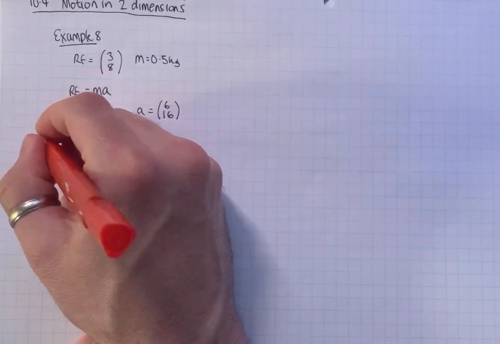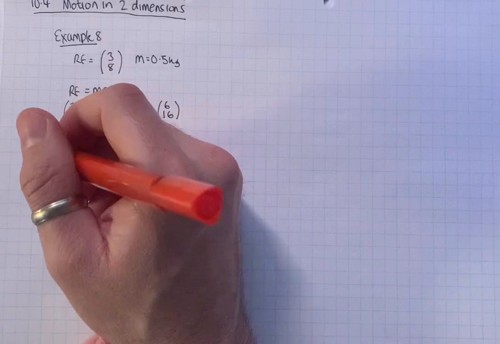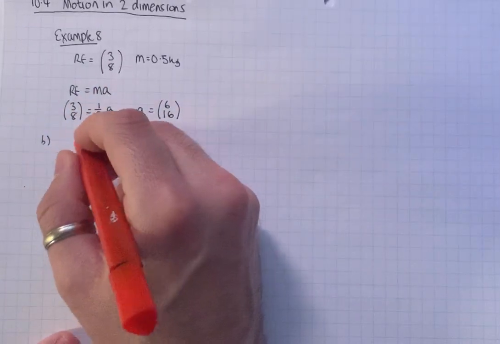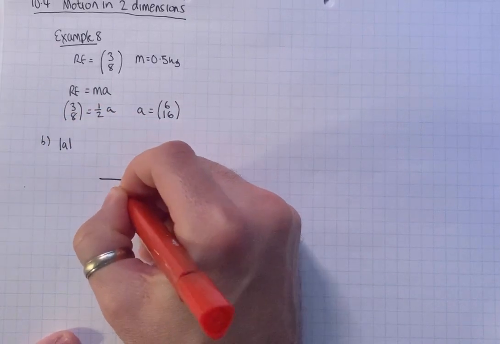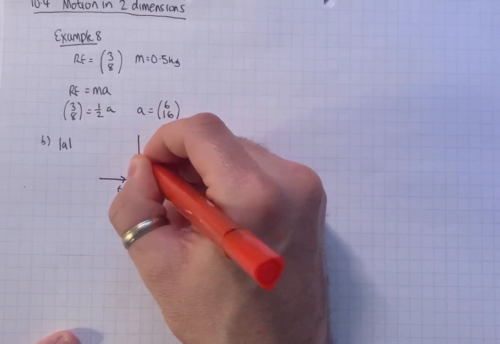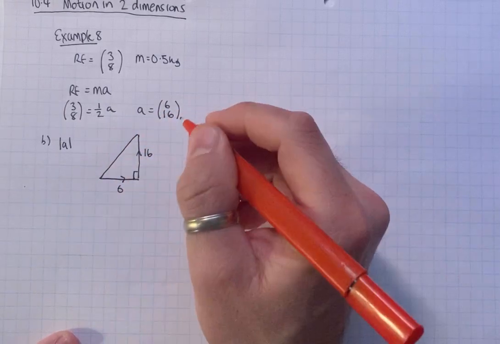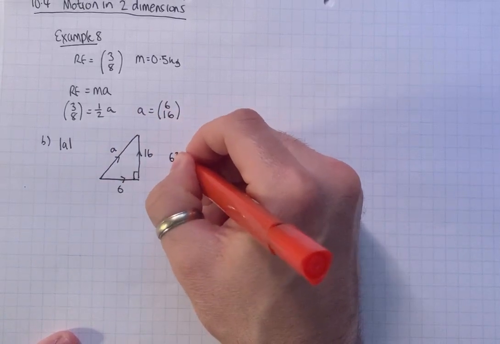To work out the magnitude and bearing of the acceleration, let's just work out the magnitude first. So we're going 6 across, 16 up. So we apply a bit of Pythag action. 6 squared plus 16 squared, square rooted.